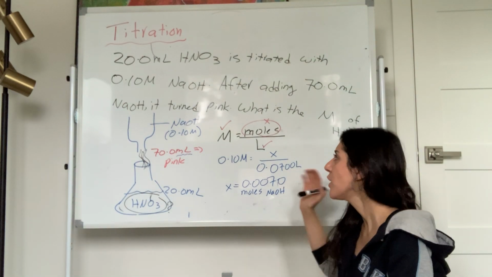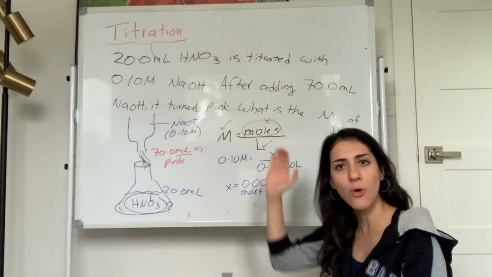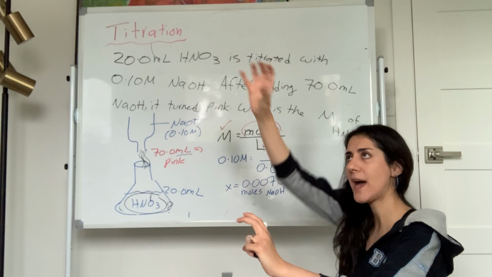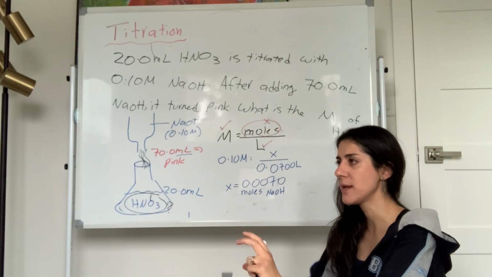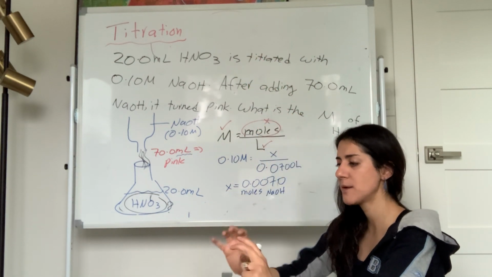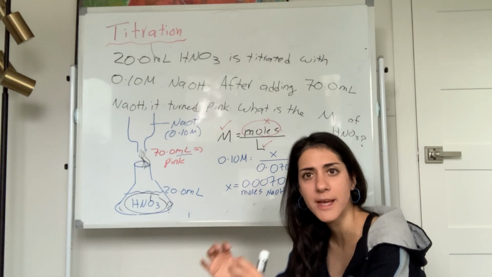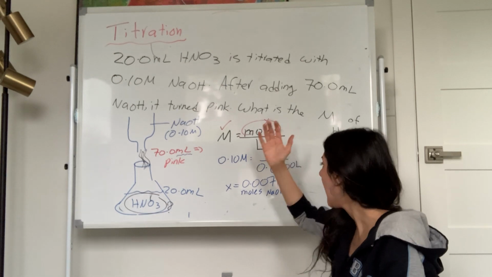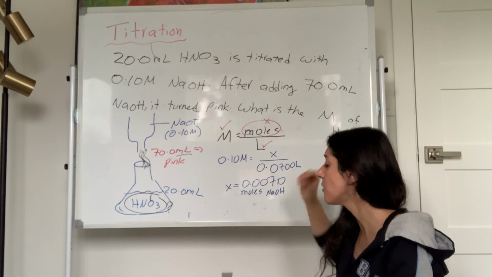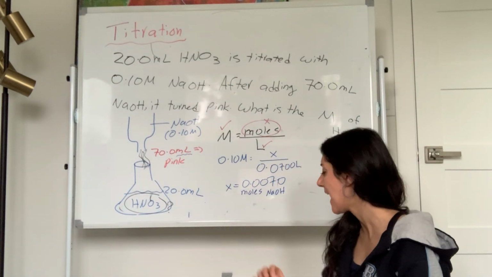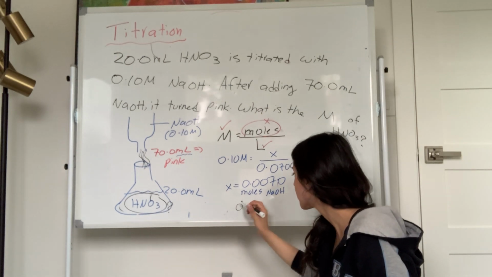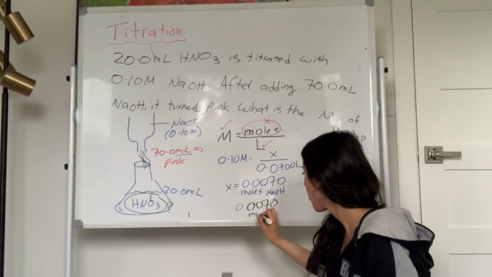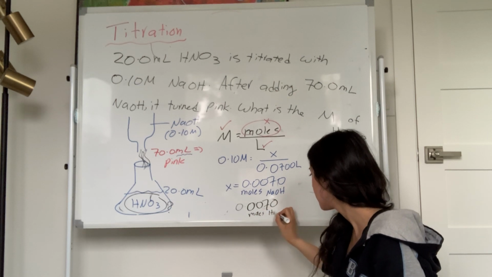I had 3 H plus here, I added 3 OH and it turned pink. Because I added 3 OH and it turned pink, I knew I had 3 H plus. This is exactly the same thing. I added 0.0070, then it turned pink. So how much of the acid did I have? That means I had 0.0070 moles of the acid.